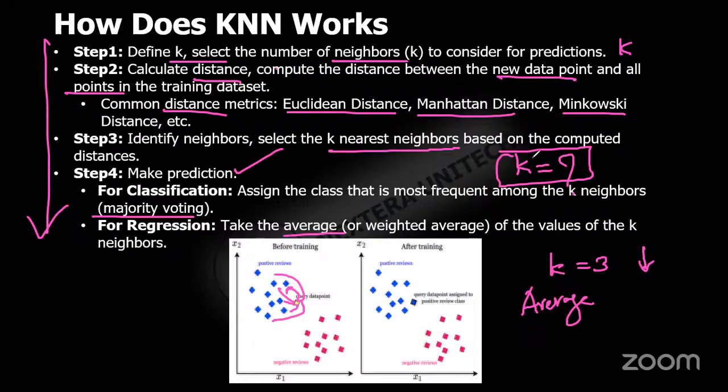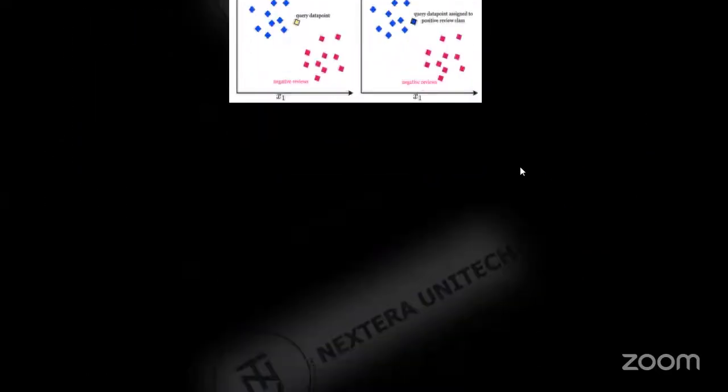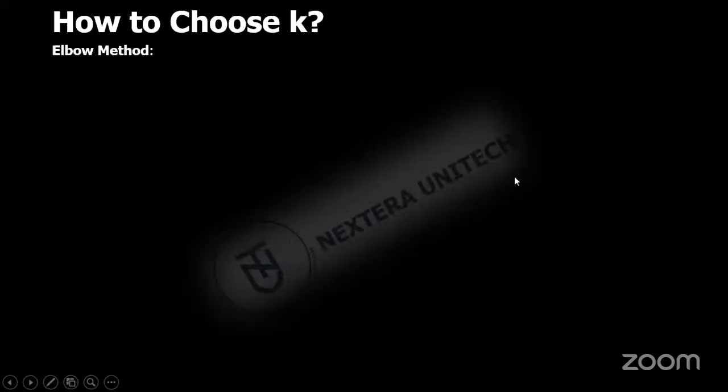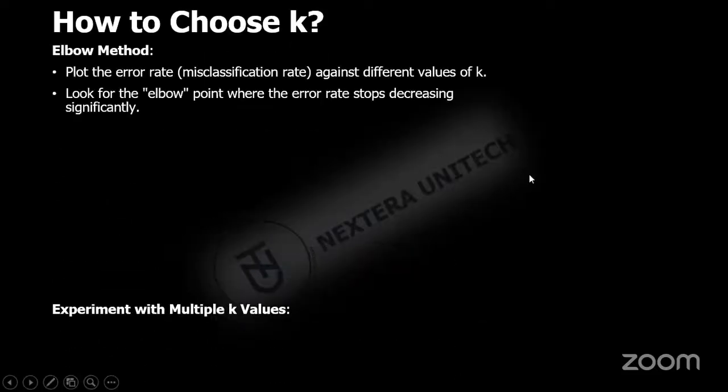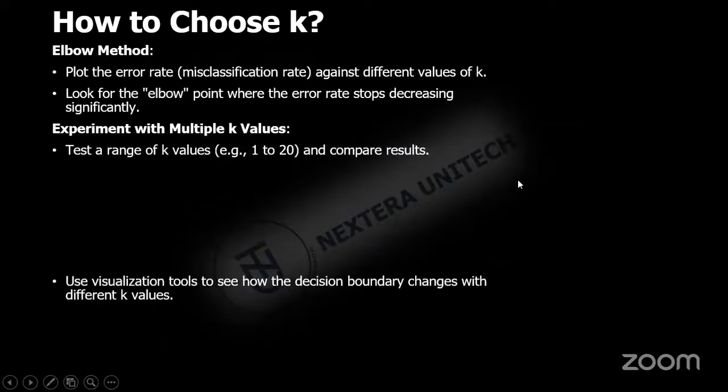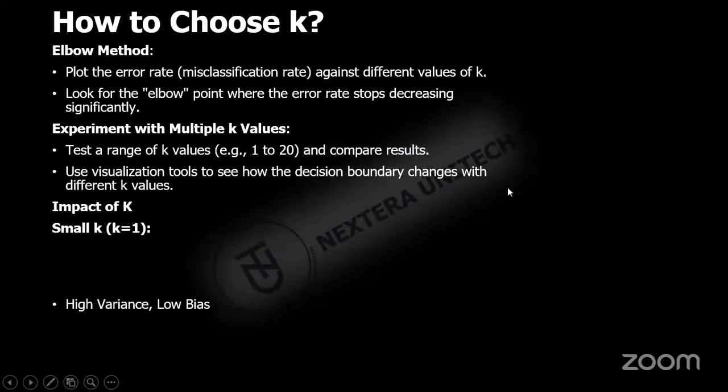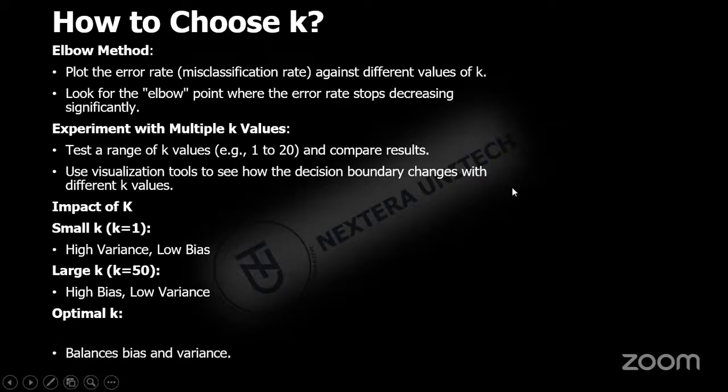We'll experiment with different values of K. Okay, so we'll understand. I take different values of K during the journey of the use case. So the next slide is about selecting K value. How to select K value?